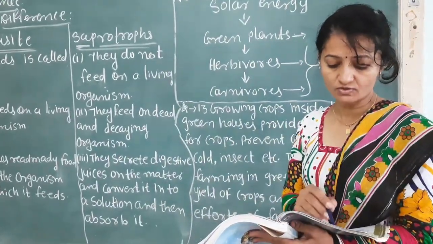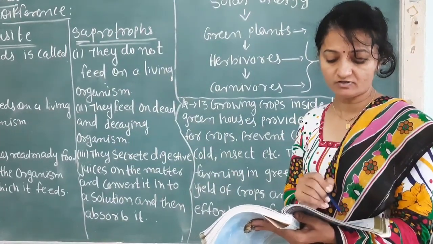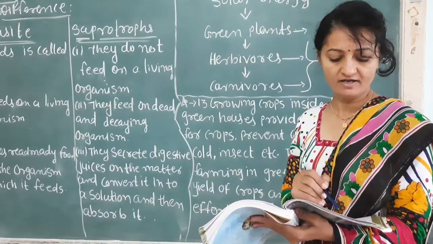Why do farmers grow many fruits and vegetable crops inside large greenhouses?